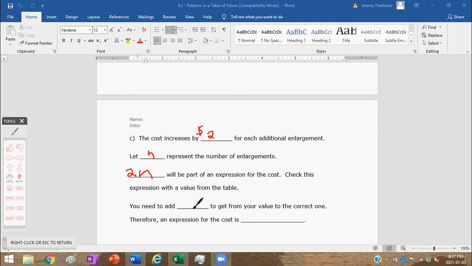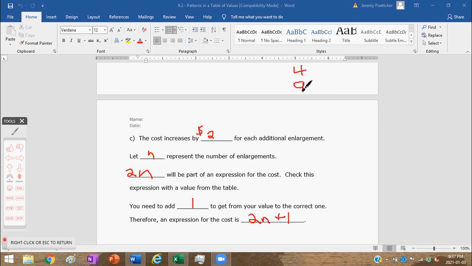So if we look at the first one, right, if you go back to your table, you've got 1 enlargement costs $3. So 2 times 1 is 2. Oh, that doesn't work. So what do we have to add to it? Well, 2 times 1, oh, we can add 1. So therefore, you need to add 1 to get from your value to the correct one. Therefore, an expression for the cost would be 2 times n, 2 times the number of enlargements, plus 1.